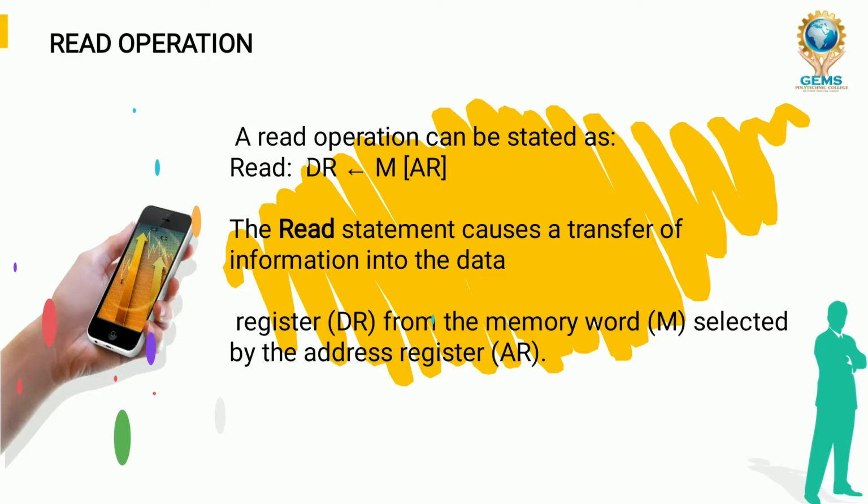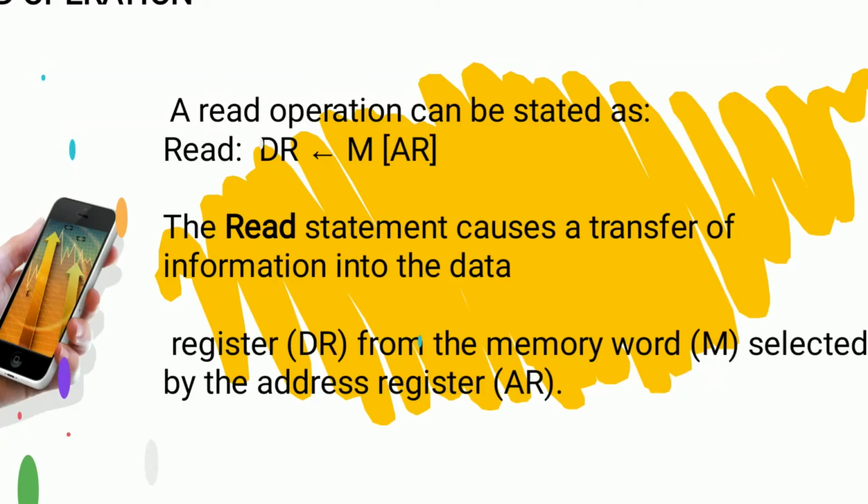Look at here. Read colon DR arrow M, inside of that brackets AR is given. What is DR? DR is a data register. I already explained in one of my video lectures the basic registers in a computer. DR is one of the basic registers, that is the data register, and AR is one of the registers, that is the address register.